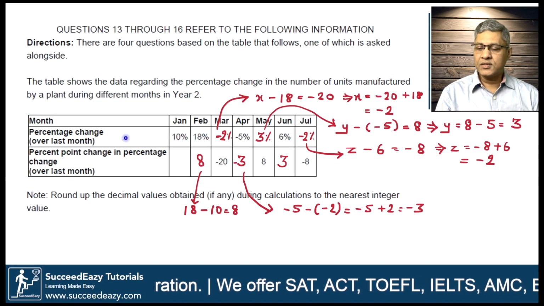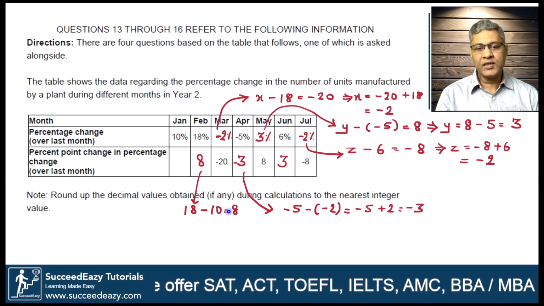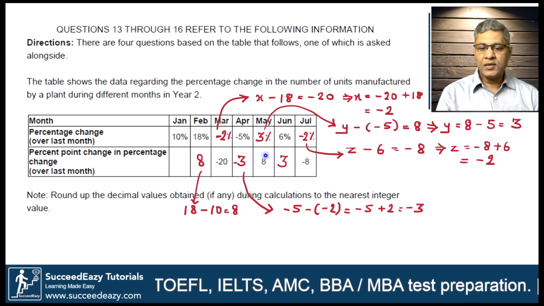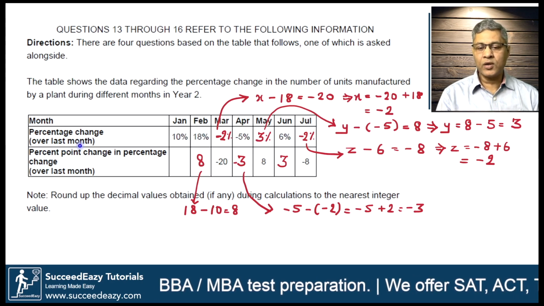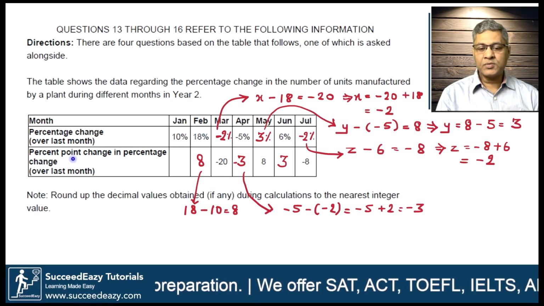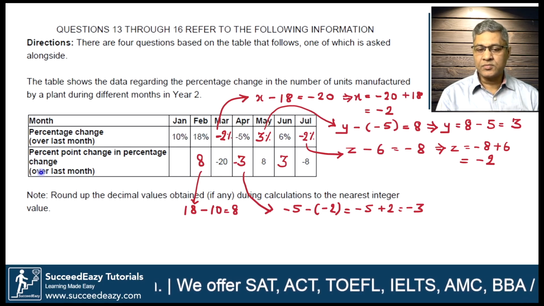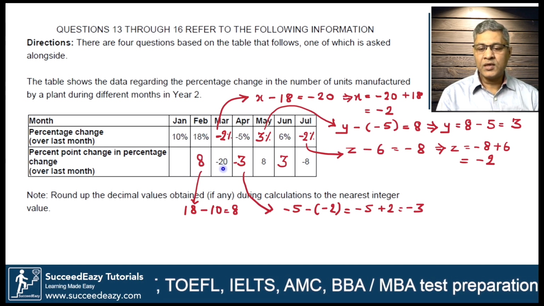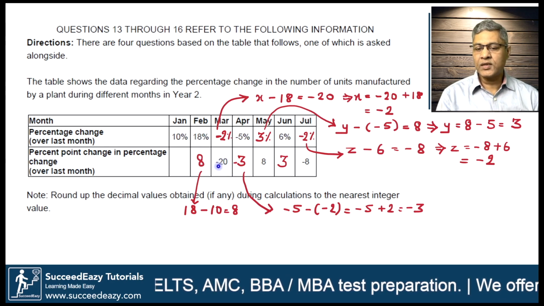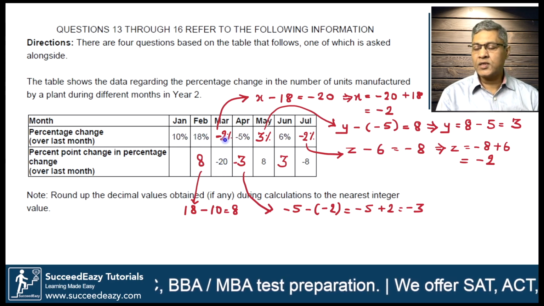Now let us plot this. So you can see I have already done the plotting. I'll just explain that to you. See here, as I said, percentage change over last month, and percent point change in percentage terms, right? So let's look at this. See here, they have already given minus 20. So 18 minus 20 is minus 2.